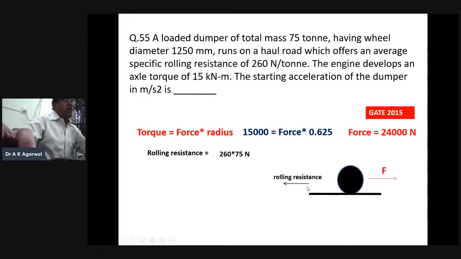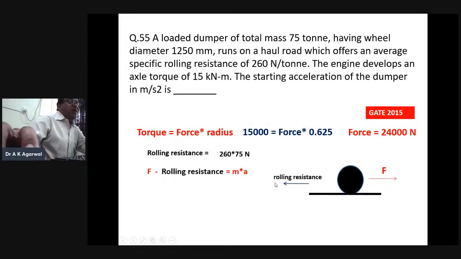Rolling resistance will act opposite to it. So force minus rolling resistance is equal to mass into acceleration, because this minus this is the total force effectively working on this dumper, due to which the dumper is moving in the direction of force. This is the resultant force: F minus rolling resistance is equal to mass into acceleration.